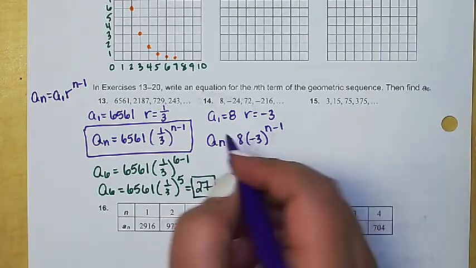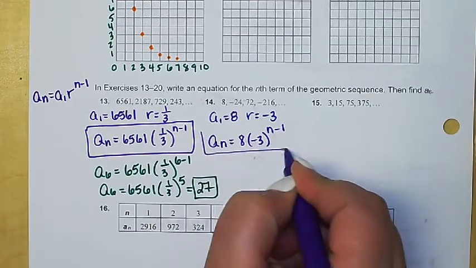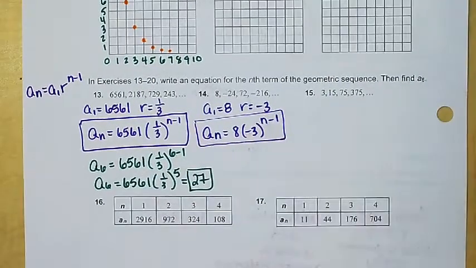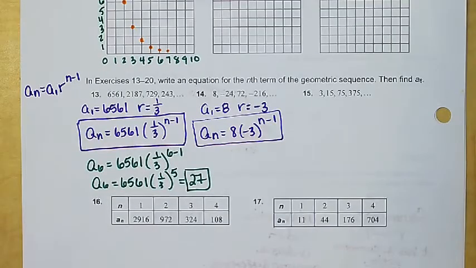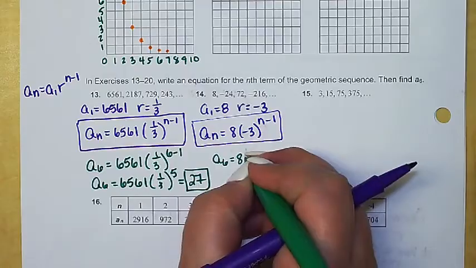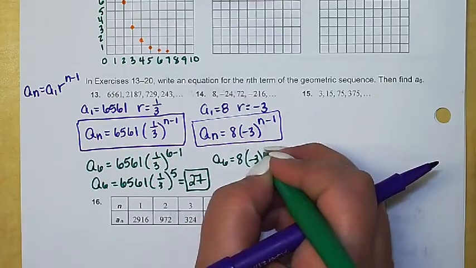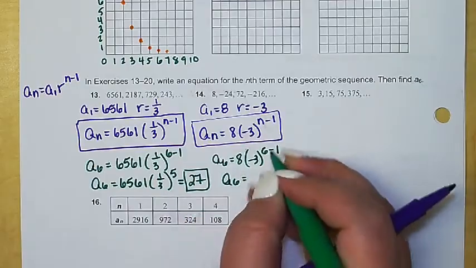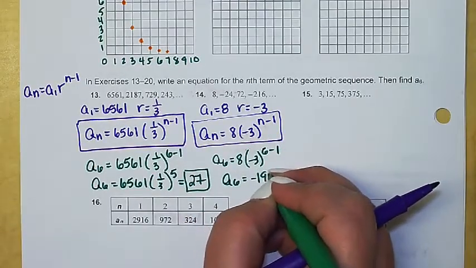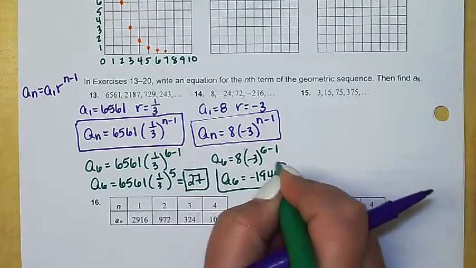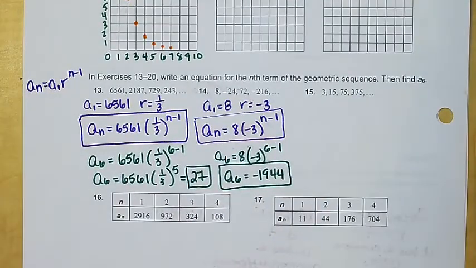And this is our first part of this problem, which was writing the nth term equation. Once we have that, then we can solve for the sixth term by just plugging in that 6. So the sixth term of the sequence is going to be 8, -3 to the 6 minus 1 power. And hopefully you guys got -1,944. If that's what you got, then you are in great shape.